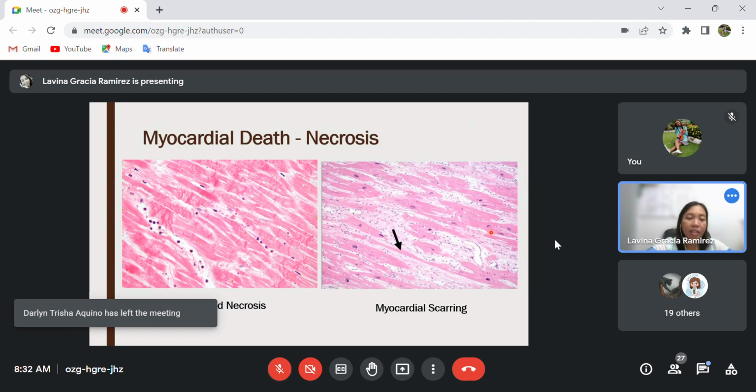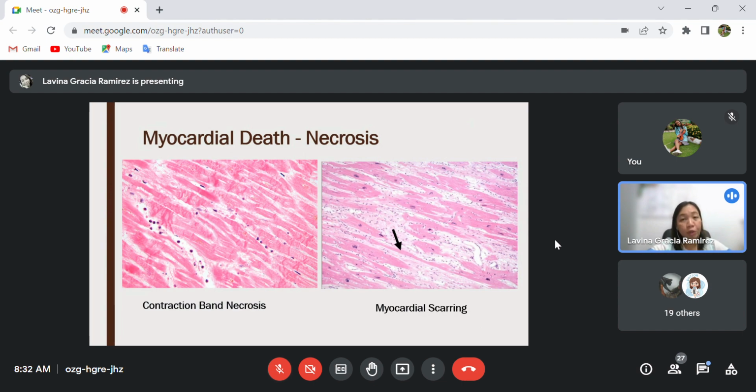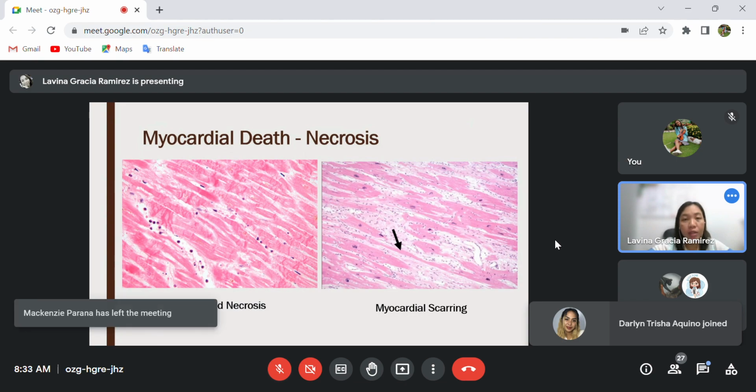Very rare 'yan kung magkaroon, kaya scarring ang nagiging alternative niya. Always remember that those cells that do not have the capability to regenerate, the repair part niya is through depositions of connective tissue, to repair that area of affected tissue.